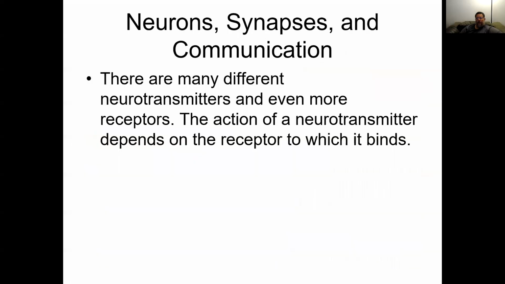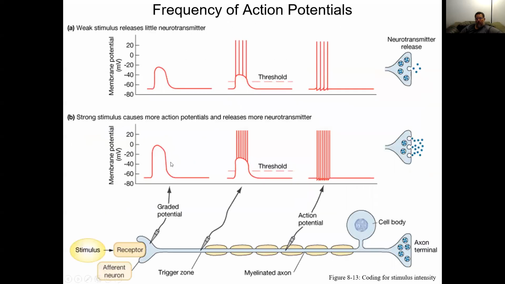Okay, so now we're going to go back and talk about graded potentials a little bit more. Here's where we first talked about how graded potentials can be different heights, different strengths, and action potentials are kind of all or nothing, and they almost all look exactly like carbon copies of the previous one. So they essentially do the same thing.